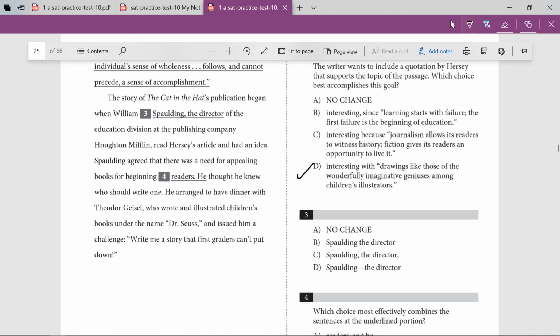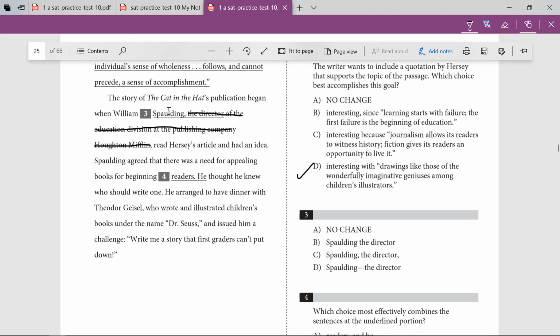The way to find out whether it is non-essential is to cut it off once and read the rest of the part. So if I cut it off like this, I've cut everything between the two commas. The story of Cat in the Hat's publication began when William Spotling read this guy's article and had an idea. So William Spotling's qualification is not really related to all the things happening here.